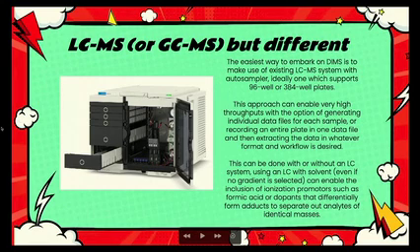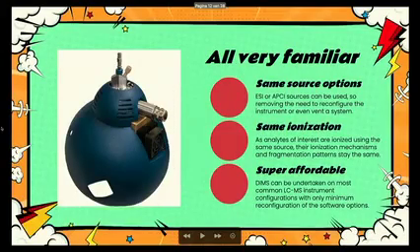So if you've only got a small number of analytes that you're interested in, maybe just two that are starting to be difficult to separate with the instrument itself, but you get differential adduct formation, that's a perfect way of dealing with that sort of problem. Direct injection or direct infusion is ideal because it's all very familiar. You've got the same source options.